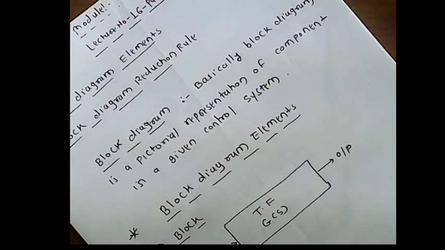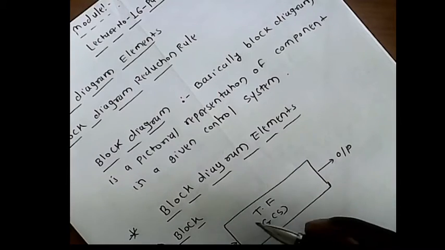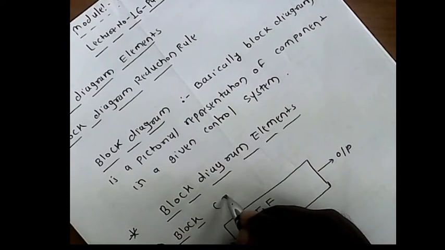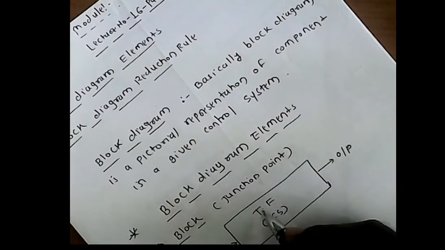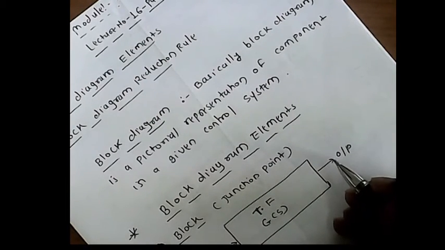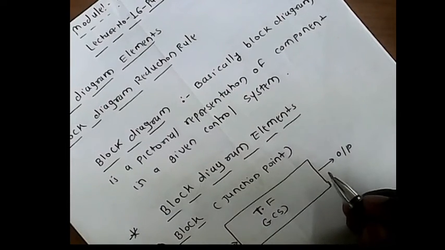So what is a block? We can say it is a junction point which consists of input and output and some characteristics with some transfer function; that is called your block.